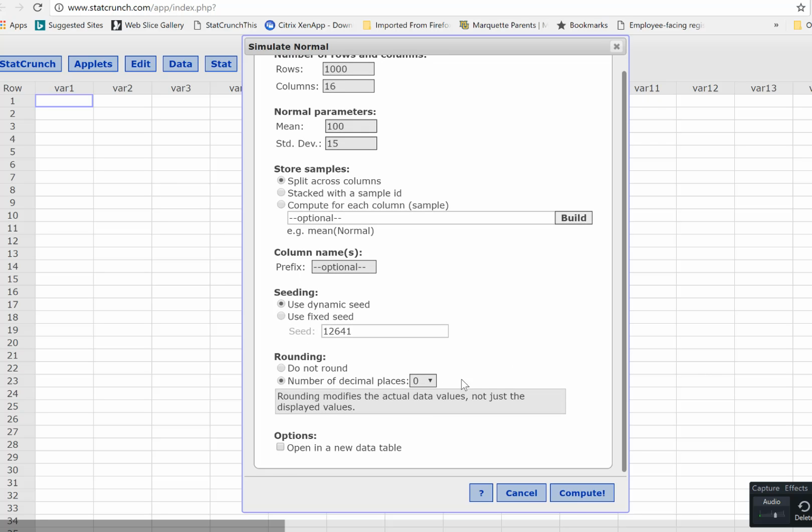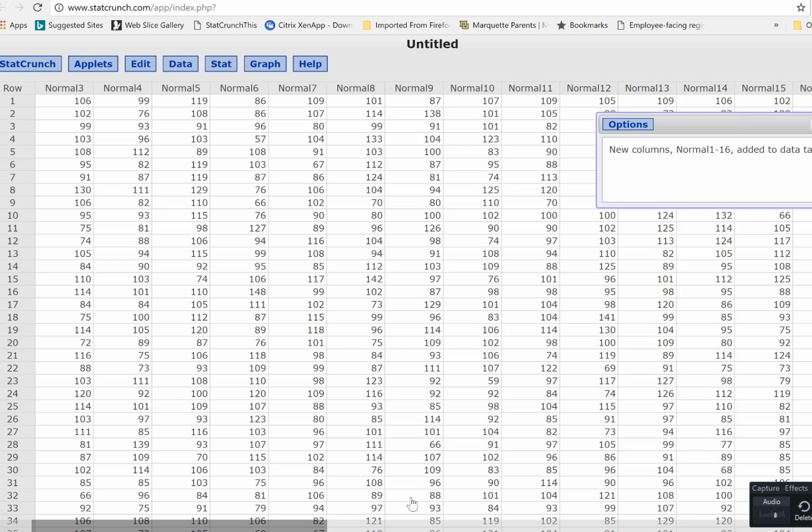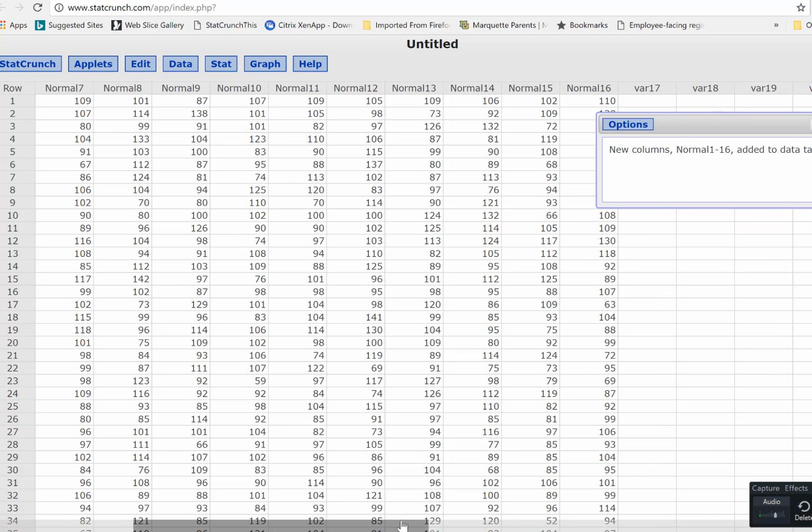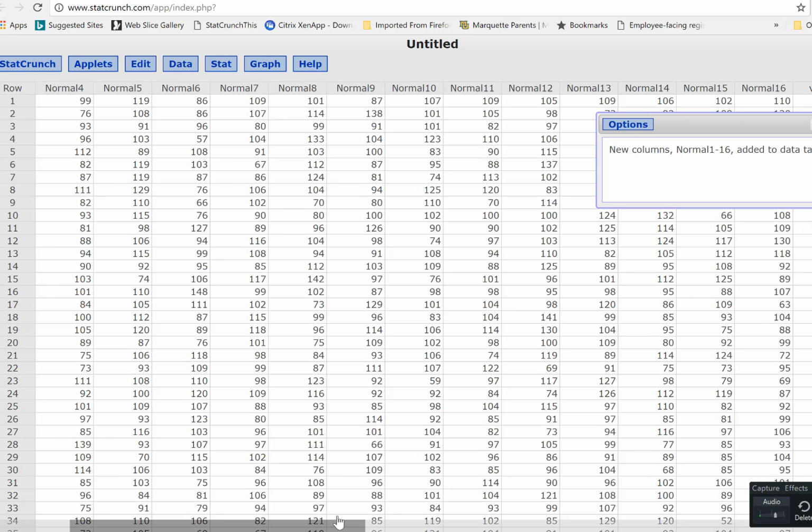We'll round to 0 decimal places. Click compute, and there's each sample of size 16.